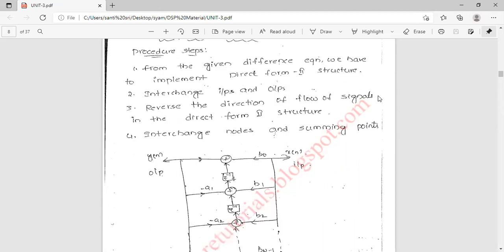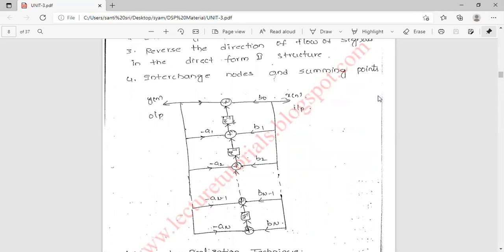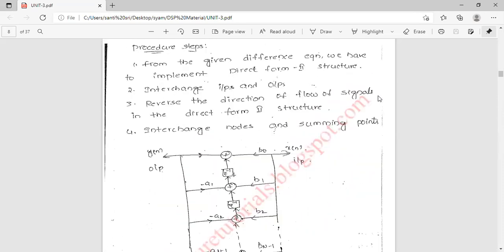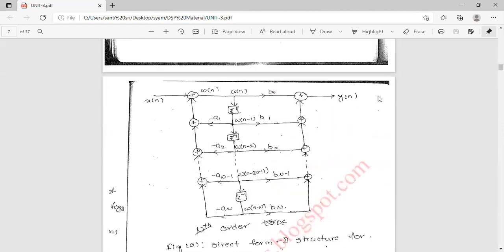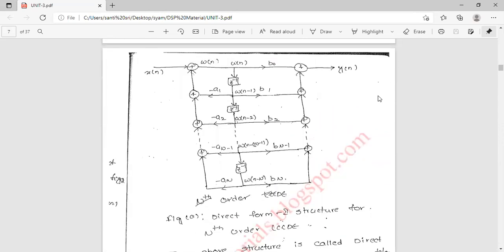Finally, interchange nodes and summing points, so that it will become the transposed structure. So this is the direct form 2 structure. First of all, we will interchange y of n here and x of n here. Okay, x of n and y of n will be interchanged.